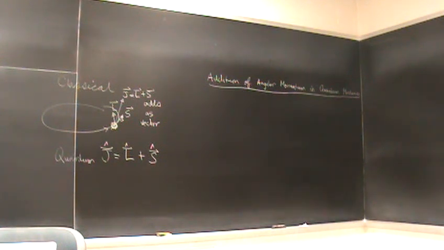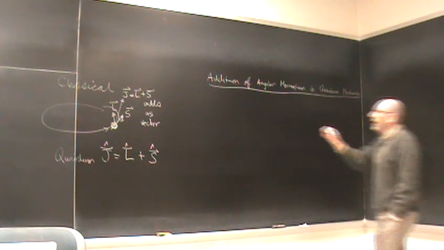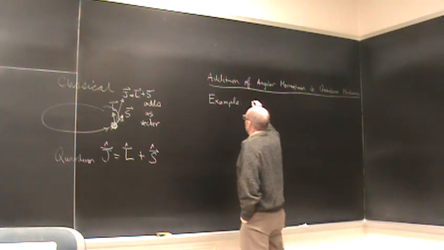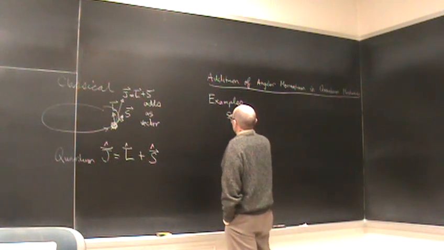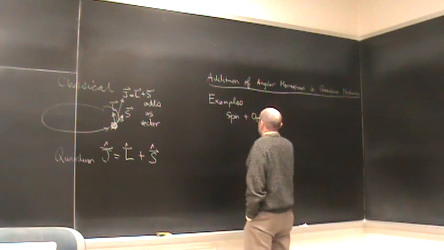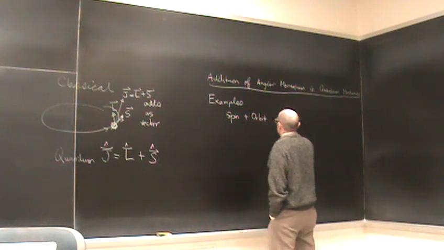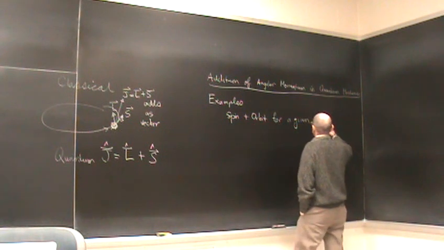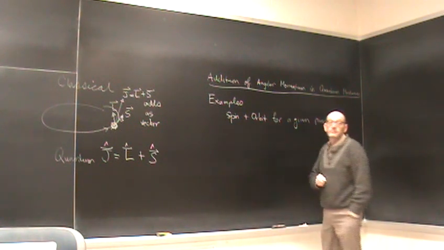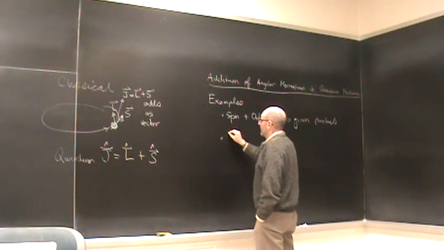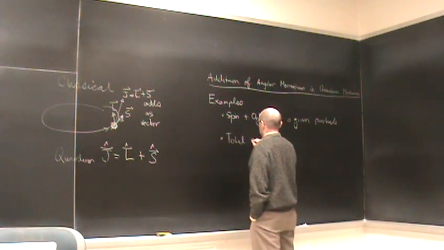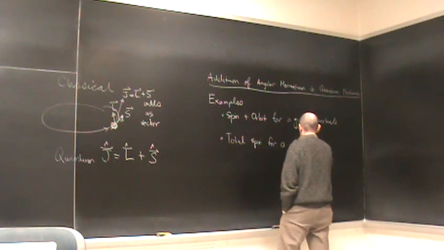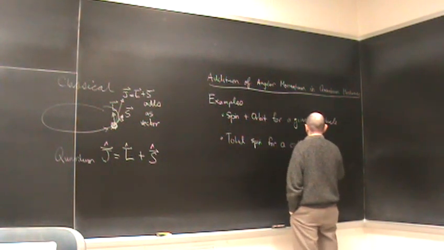Now, that addition could be, as we described, spin plus orbit for a given particle. Or we might think about total spin for a collection of particles.